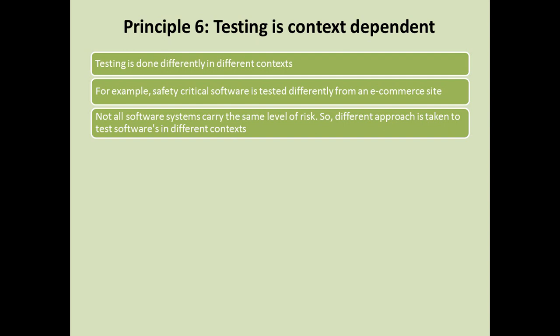Because safety critical applications have more risk associated with them, and an e-commerce site has lesser risk because it doesn't risk any human life, safety critical software is tested differently. The context, or the way the safety critical software will be tested, is different from the e-commerce site.